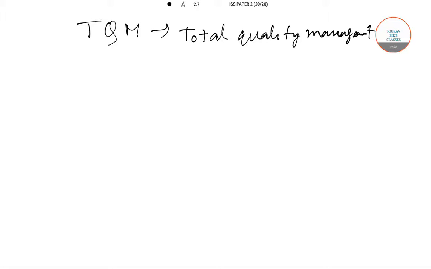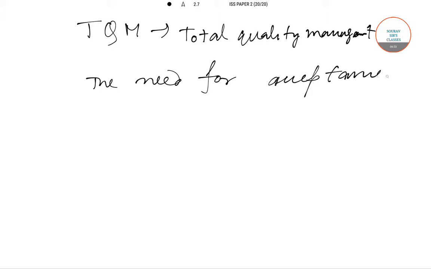as more firms initiate total quality management and work closely with the suppliers to ensure high levels of quality, the need for acceptance sampling decreases.